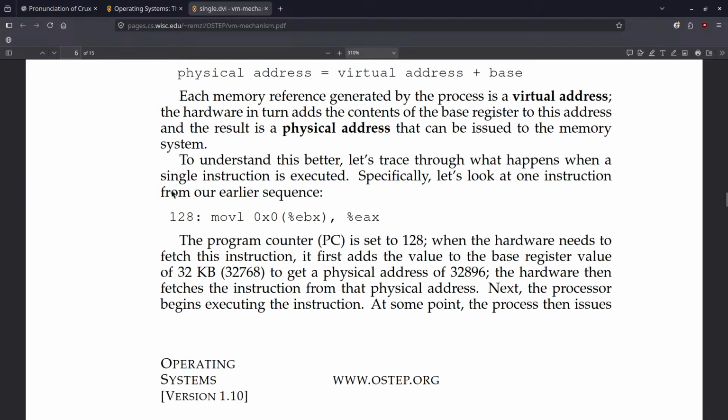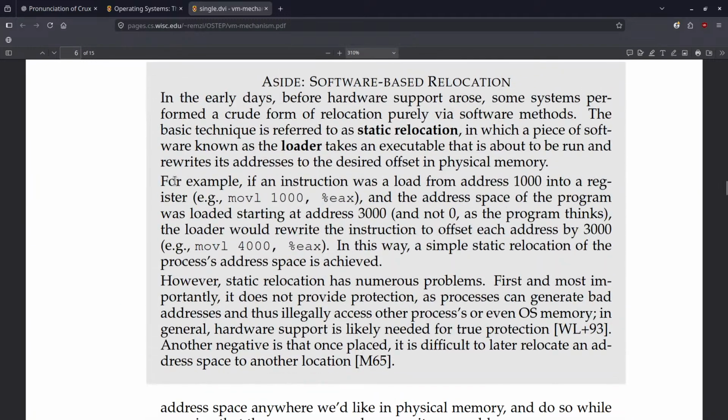Let's read first this part. Aside: software-based relocation. In the early days, before hardware support arose, some systems performed a crude form of relocation purely via software methods. The basic technique is referred to as static relocation, in which a piece of software known as the loader takes an executable that is about to run and rewrites its addresses to the desired offset in physical memory.